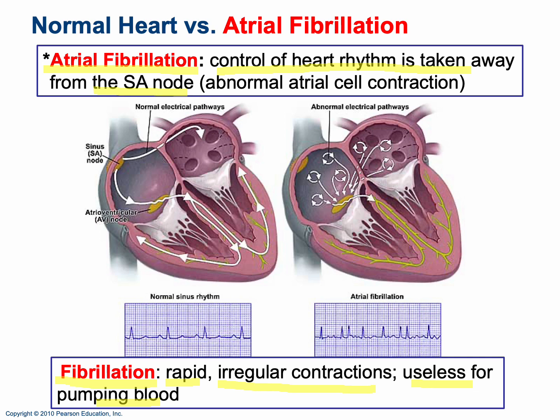The SA node is found up in the right atrium of the heart. Its goal is to get signals down to the AV node. Because of an issue with the electrical activity not properly getting to the AV node, a lot of these individuals potentially may have high blood pressure and a high heart rate. Obviously, it's more difficult to get blood pumped out, so they may feel weak.